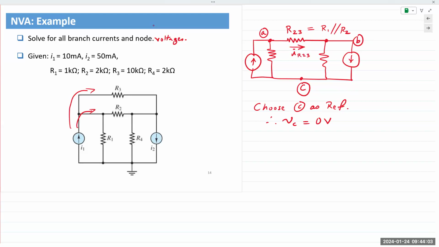Again, it just denotes the current for resistor R23. Then for resistor R1, I'll choose the current as going down, and I'll call that IR1. This is current source I1, current source I2.